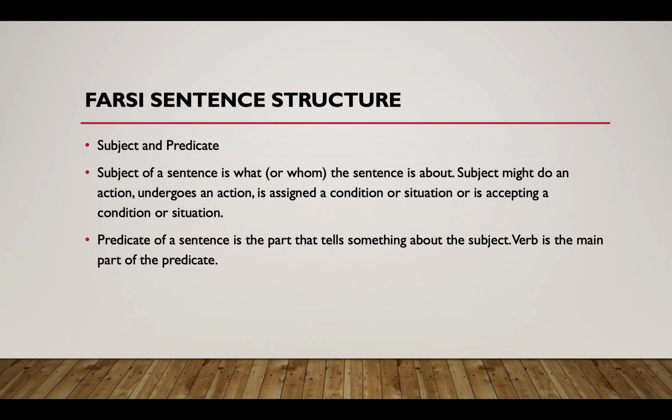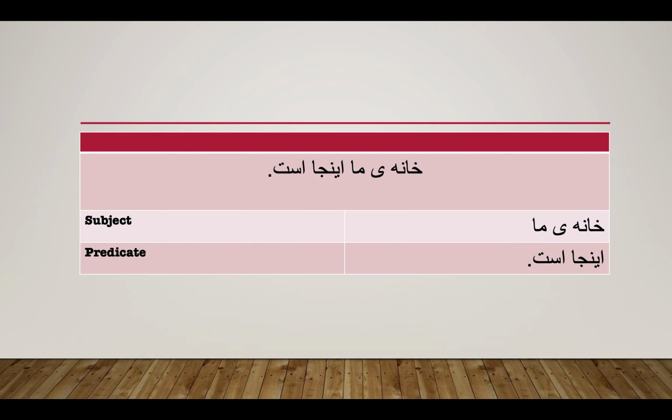So subject predicate in Farsi language, as we know, Farsi sentences are written from right to left. So at the beginning of the sentence we have our subject, and predicate follows that subject and comes toward the end of the sentence. And pretty much the same as English language, we can divide our sentences into subject predicate.